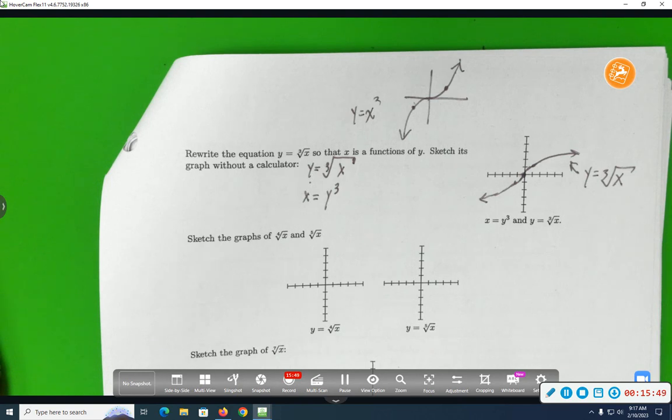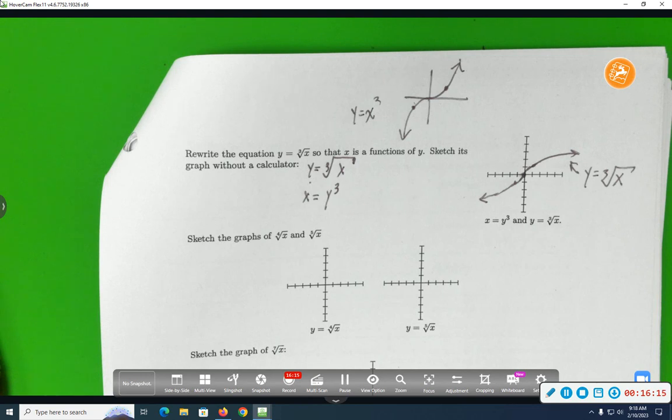So, hopefully that one's pretty okay. So tell me, how do you get the graph of y equals the fourth root of x? Should I talk through getting the graph?